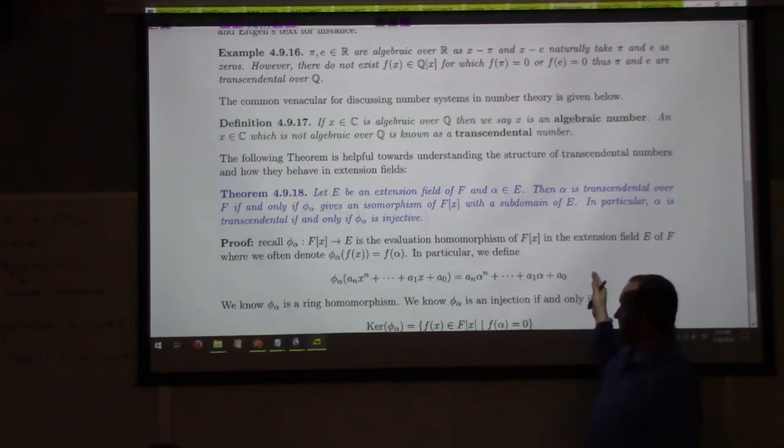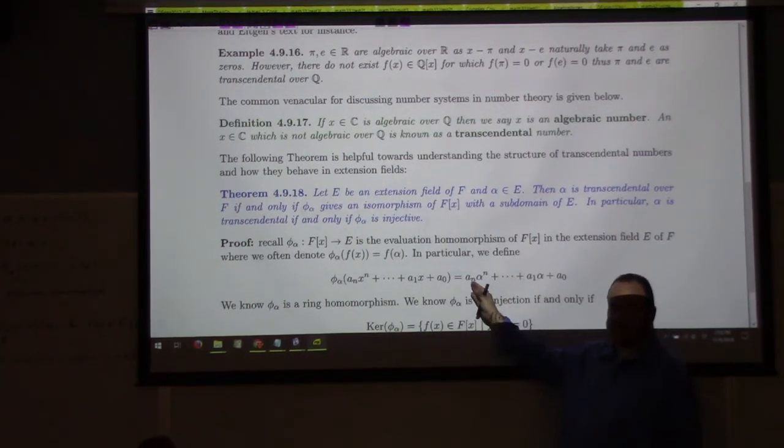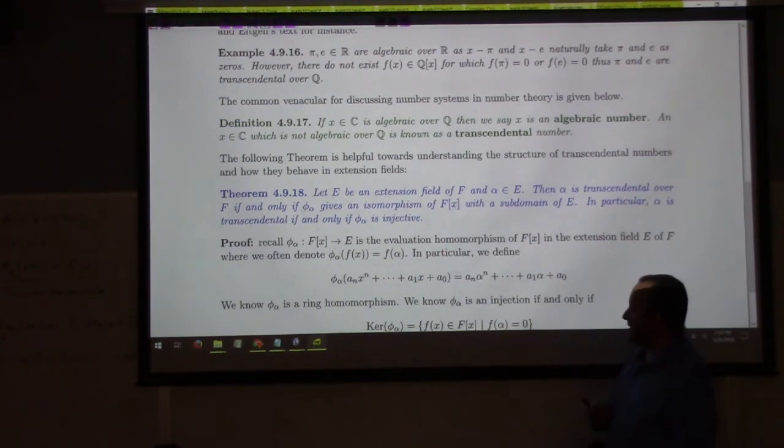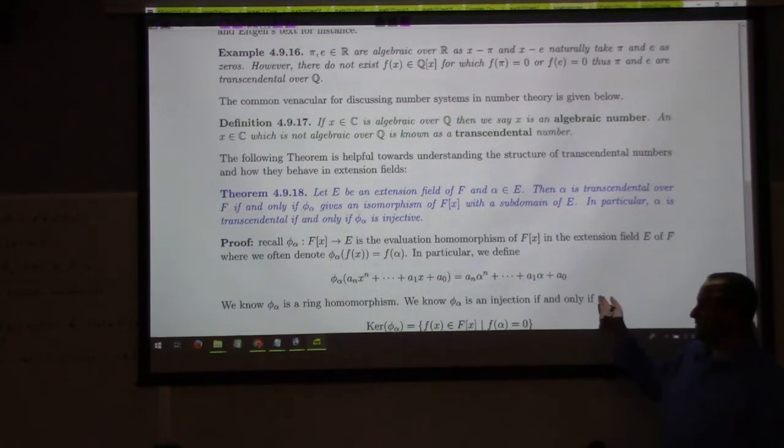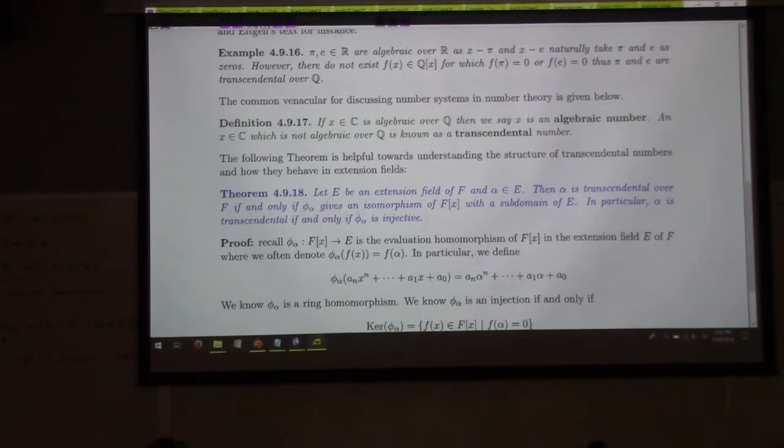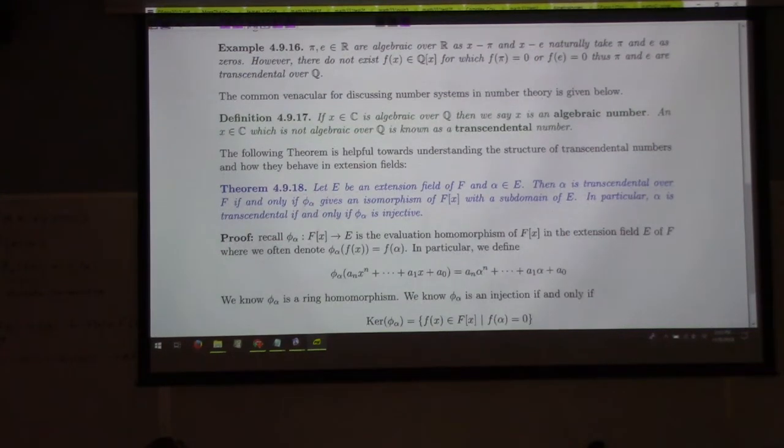If you could find this equal to 0 for some set of non-zero a_0 through a_n, then that would mean that alpha is algebraic, because it would be a polynomial equation which alpha satisfied. So if alpha is transcendental, the kernel must be 0, which means that phi alpha must be injective, which means that it's an isomorphism onto its range, right? In the converse direction, if it's injective, the kernel is 0, which says that alpha is not algebraic. So that's kind of neat.